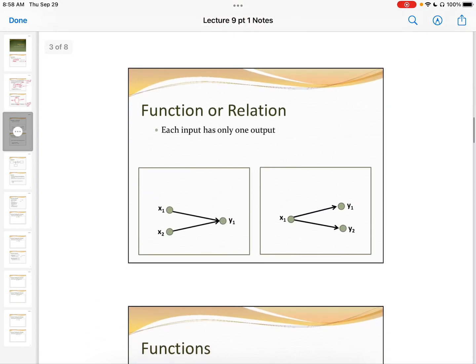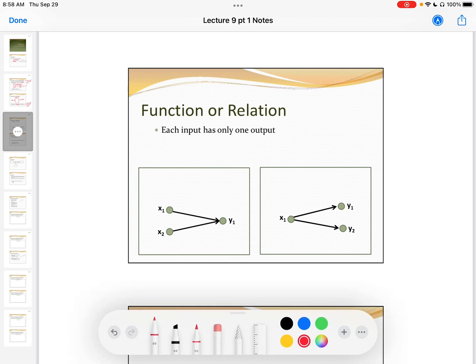Now, just some other things I want to talk to you guys about with functions. A function or a relation. So a function is going to be when each input has only one output. Emphasis on that only there. So, which of these down here is a function and which of these is a relation? Well, how many outputs does this input x sub 1 have? It's got one, y sub 1. How many outputs does this x sub 2 have? It's only got one.